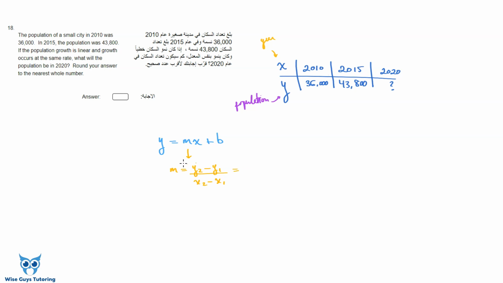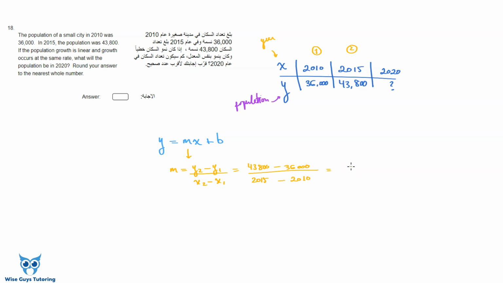Okay, so all you need to do is take these two points and plug them in. I'll assume this is point number 2, and this is point number 1. So I'll start with y2, which is 43,800, and subtract y1, which is 36,000. I'm going to divide that by x2 minus x1. So x2 is 2015, and x1 is 2010.